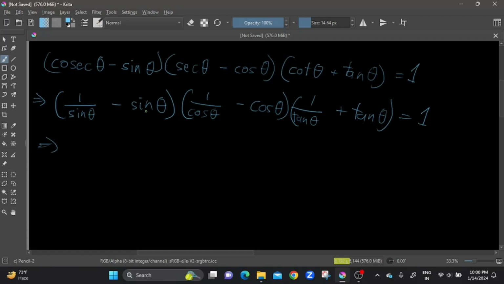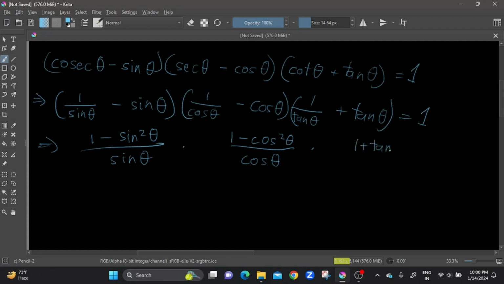So, we're going to take a common denominator in each of the brackets. We're basically going to get 1 minus sine square theta by sine theta times 1 minus cos square theta by cos theta times 1 plus tan square theta by tan theta is equal to 1.